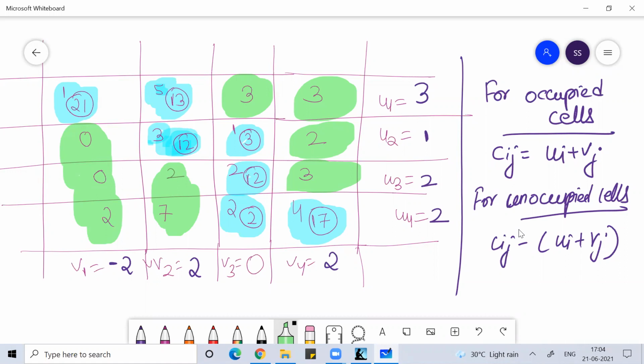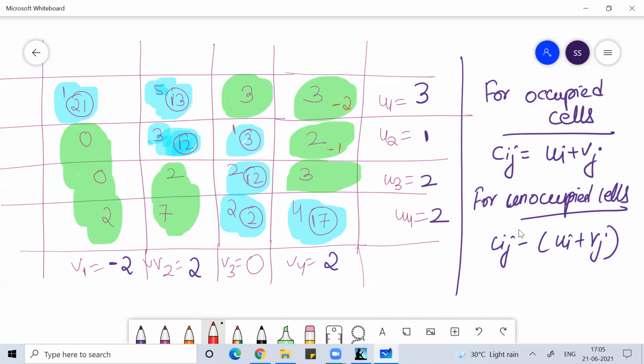Then for A14, 3 minus (3 plus 2), it means minus 2 you will get here. Then the next one, you get minus 1.